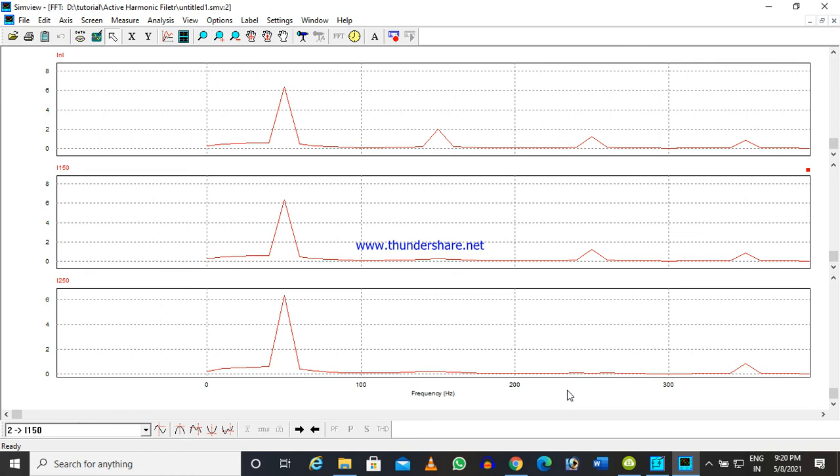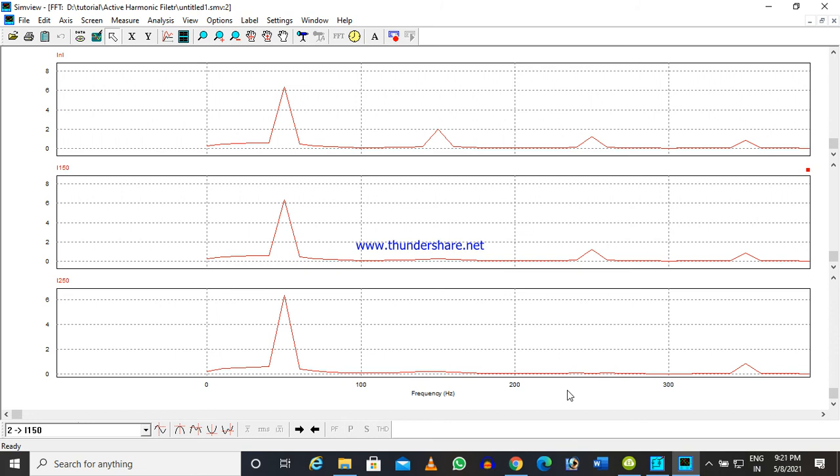So this method is called passive filtration, where after analyzing the load input waveform, we can see what frequency components exist other than the fundamental. Based on that, I will create a resonance path through which all the unwanted frequencies will be bypassed. This is one technique, which is called a passive filter.